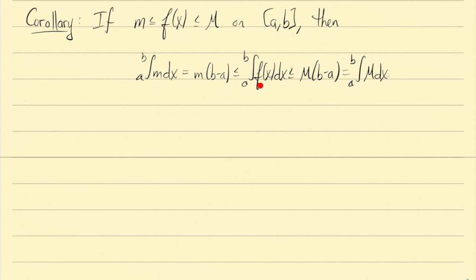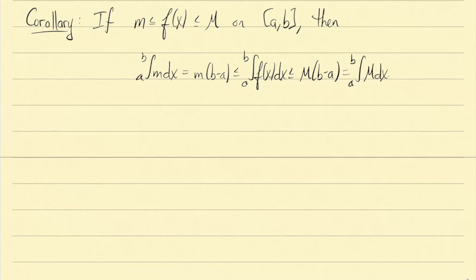That's definitely smaller than the function f. So the integral of this constant function, which is m times b minus a, is smaller than the integral of our function f. Similarly, if we have the constant function capital M, which is larger than the function f, then the integral of capital M should be at least as large as the integral of f.